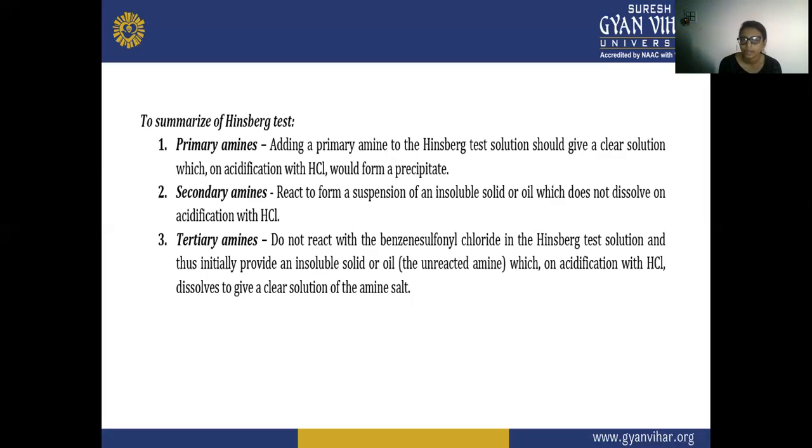But in the first step, when the primary amine is added to the Hinsberg test solution, it is forming a clear solution. After the clear solution is then reacted with the HCl, there is acidification, and then a proper precipitate is formed here.